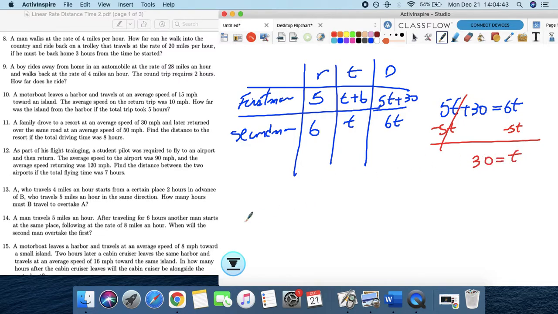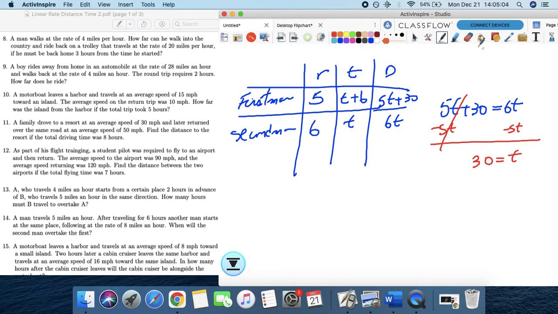And t equals 30. I'm sorry. Is that right? Hang on. No, hang on.